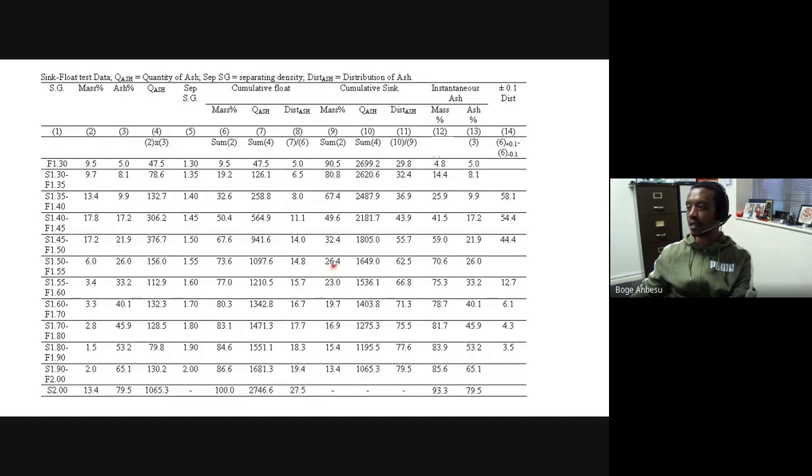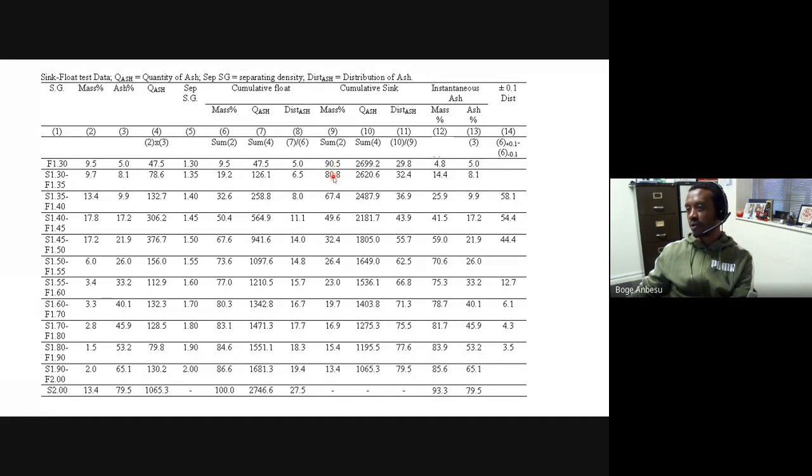I hope you guys can see it. So now in 1.3 media, what floated was 9.5%. Must be because 90.5 of it is sinking. Okay, of 100, if 9.5 floats, 90.5 sinks.